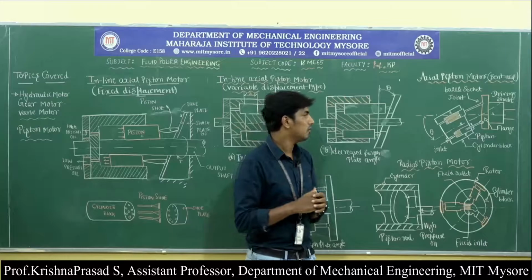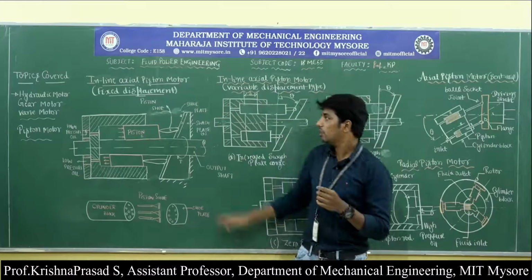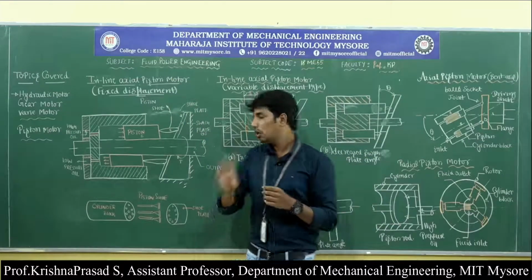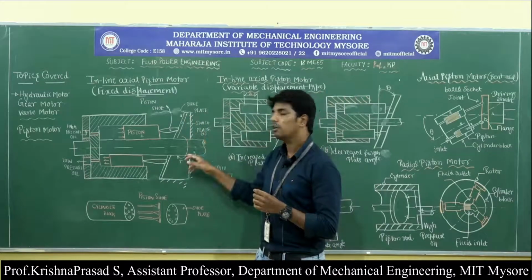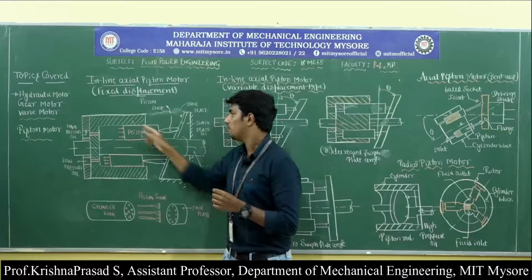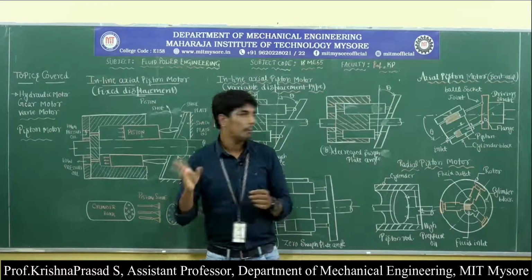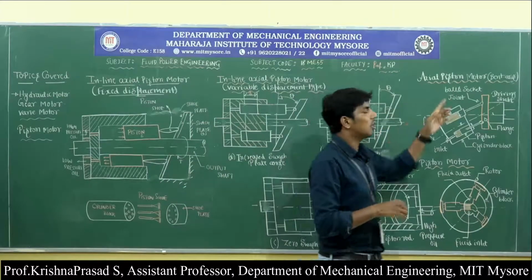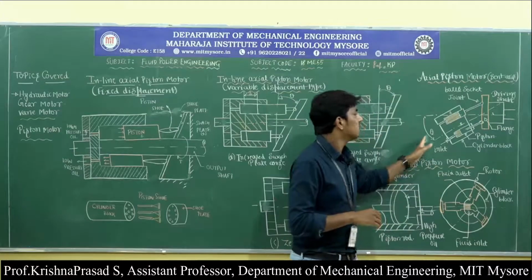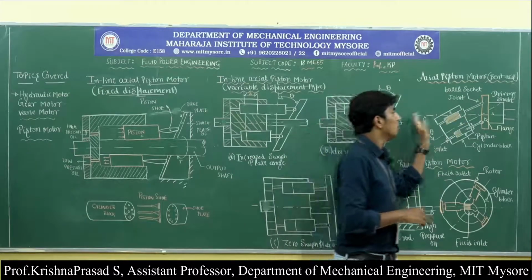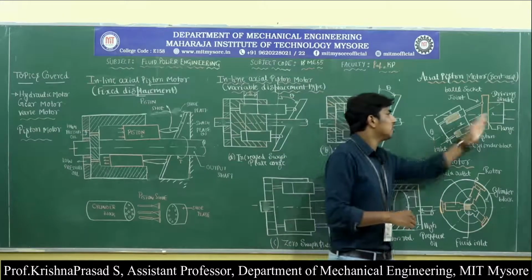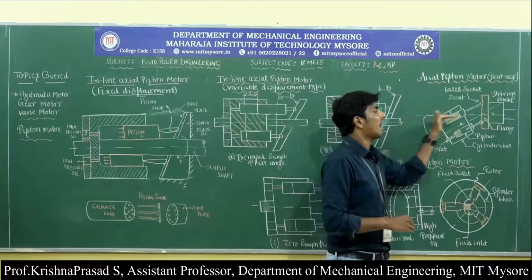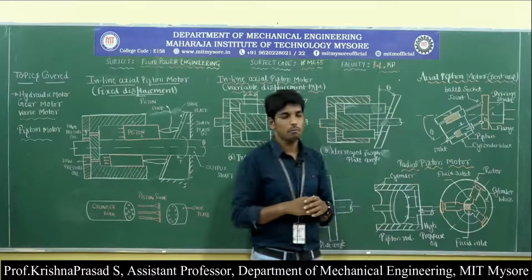Very importantly, in the inline axial piston motor, the axis of the driving shaft and the cylinder block are collinear. But in the axial piston motor with bent axis, the axis of the cylinder block is not collinear with the driving shaft. That means the center line of the cylinder block is located at an angle to the driving shaft.